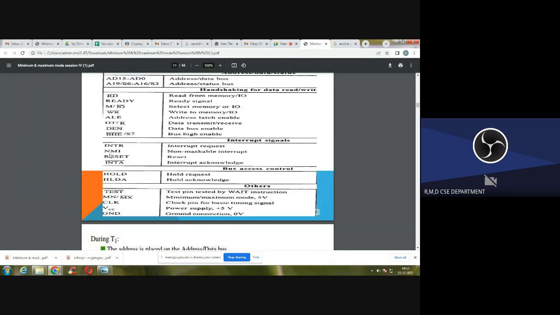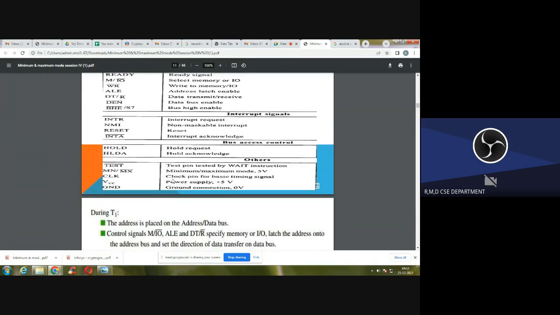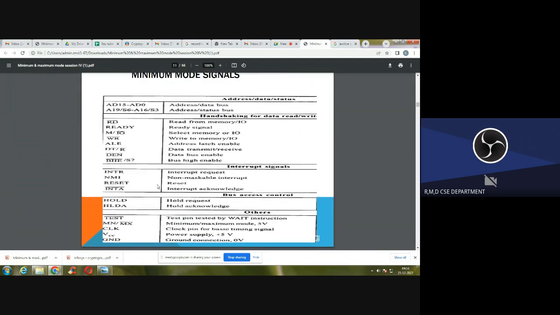INTR is interrupt, NMI is the non-maskable interrupt, RESET, and INTA is interrupt acknowledge. HOLD is the hold request and HLDA is the hold acknowledgement. TEST pin is tested by the wait instruction. MN/MX stands for the minimum and maximum mode. Then CLK is the clock, VCC is the power supply, and GND is the ground signal. So these are all about the minimum mode operations.